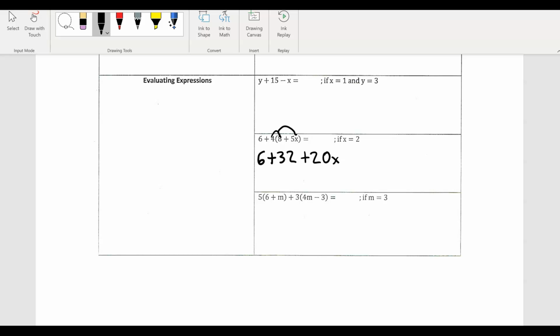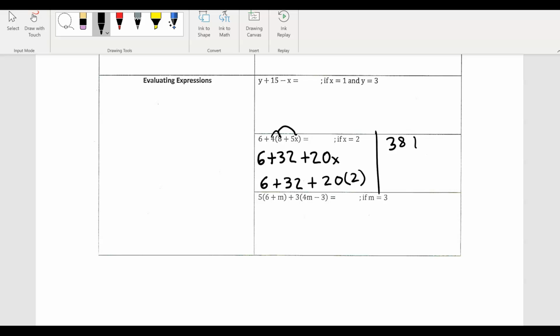Okay, and now I want to evaluate this when x equals 2. So I have 6 plus 32 plus 20 times 2. Okay, so 6 plus 32 is 38.